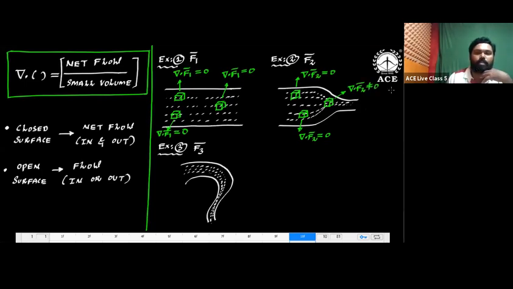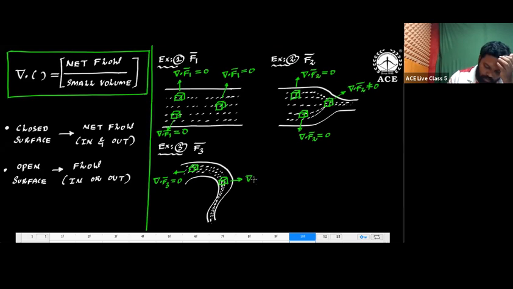Now let us observe the third example. Let me place some small piece of a box here. Inflow and outflow are same. So what is the divergence here? Divergence of F3 is equal to 0. If I place some small piece of a box here, inflow and outflow are different.